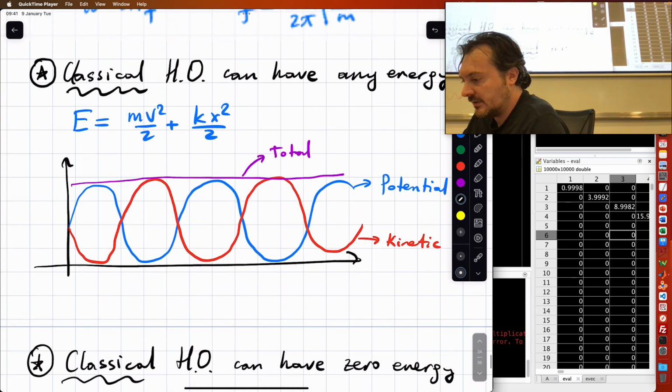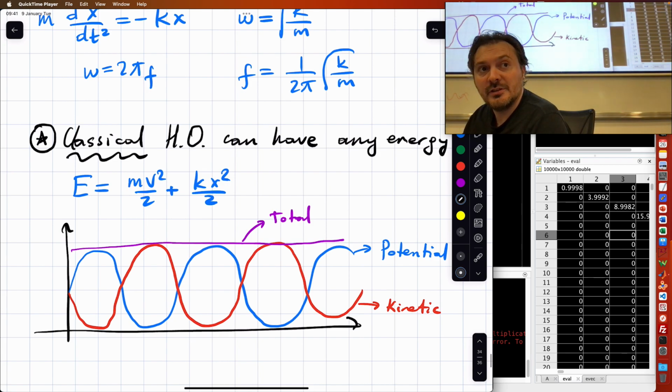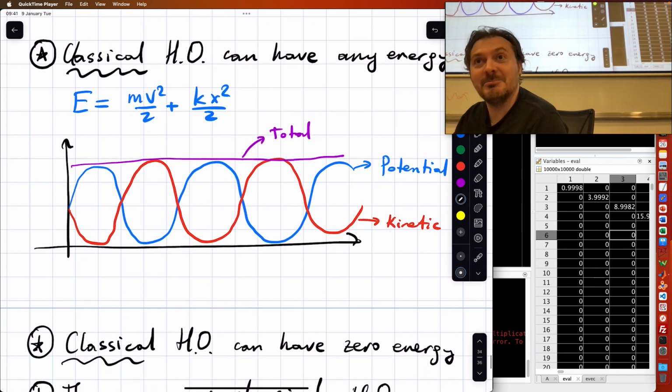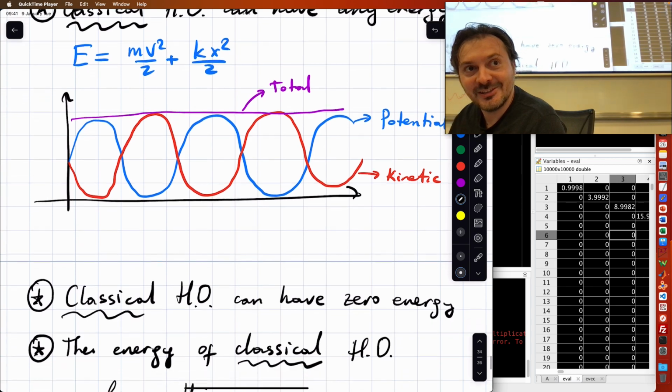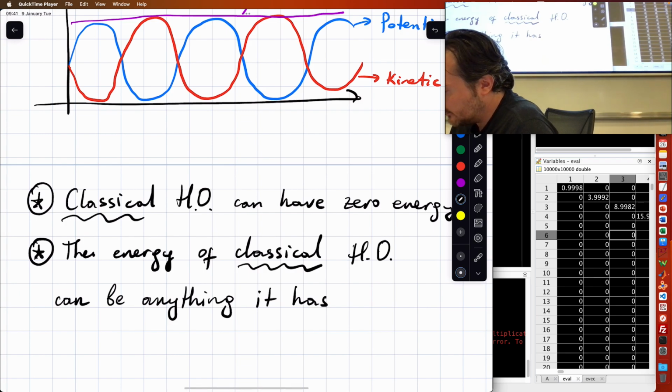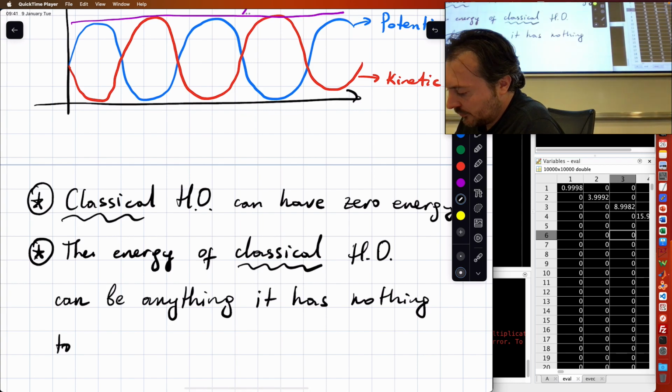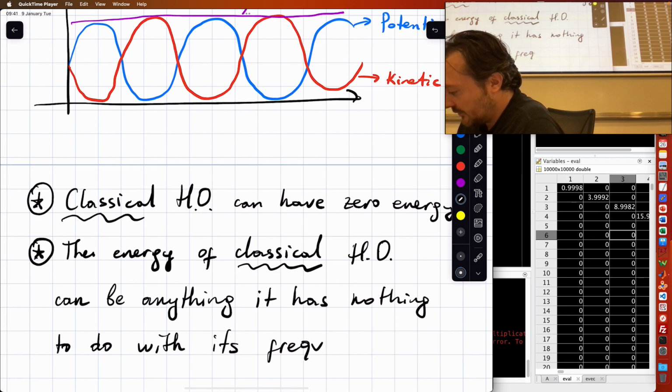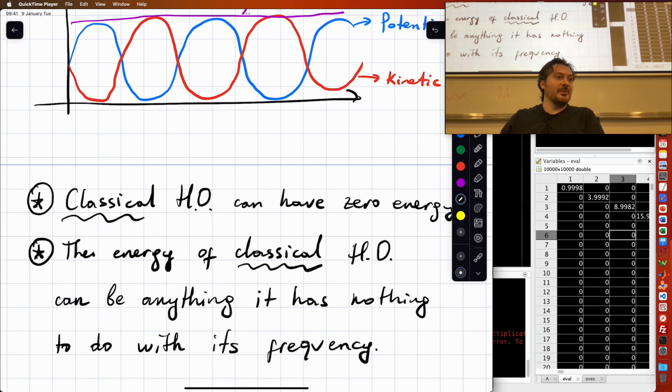I want to stress it one more time: it can have any energy. It has nothing to do with its frequency. It's ridiculous to think that it would have anything to do with its frequency.